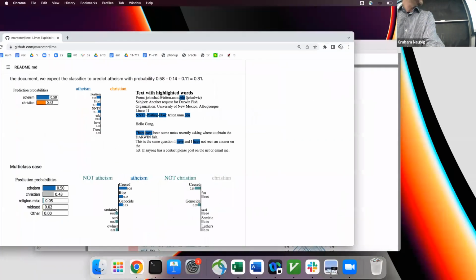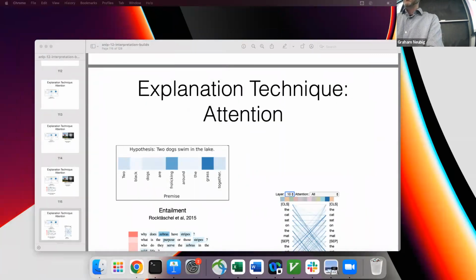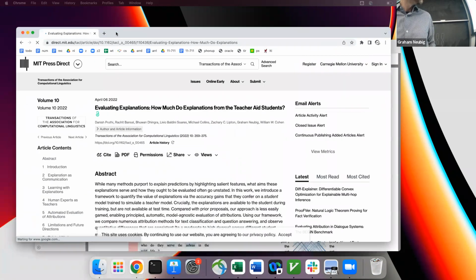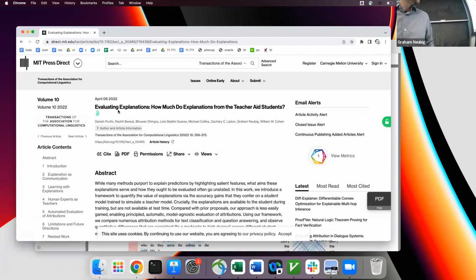But we actually have a paper called Evaluating Explanations: How Much Do Explanations from the Teacher Aid Students?